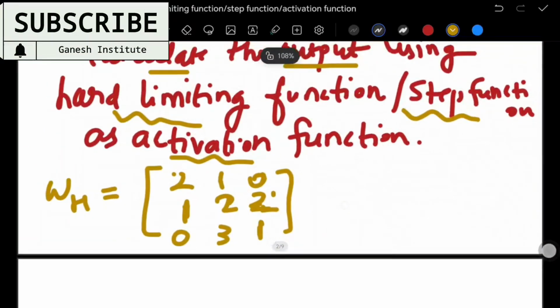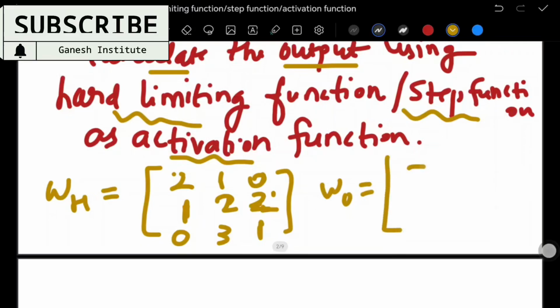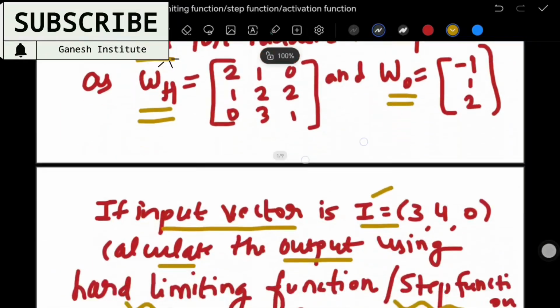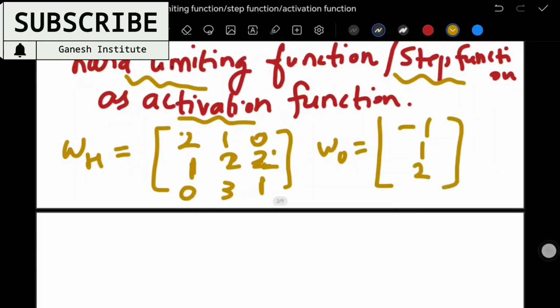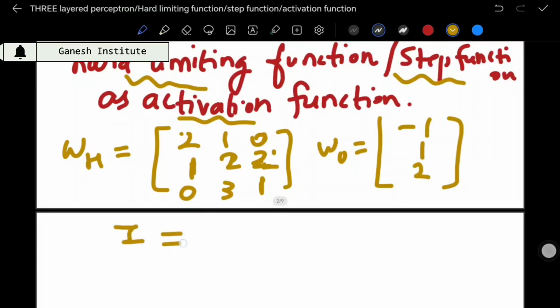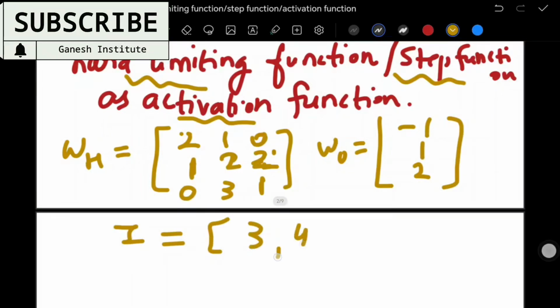Then we have one output weight matrix, which is -1 1 2. And the input vector given to us is 3 4 0.